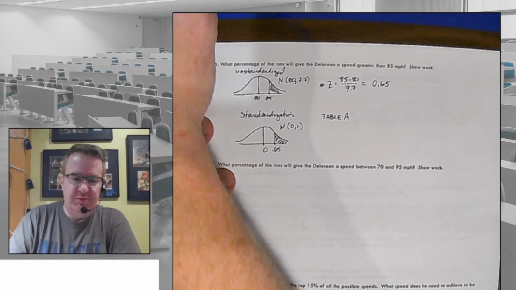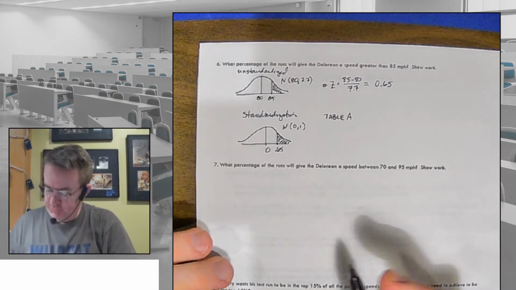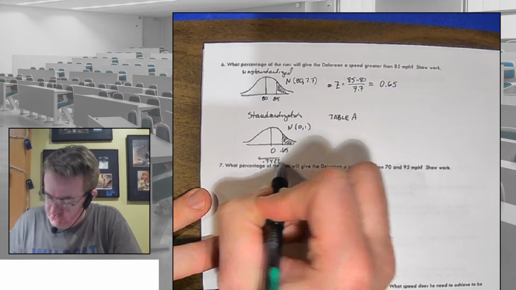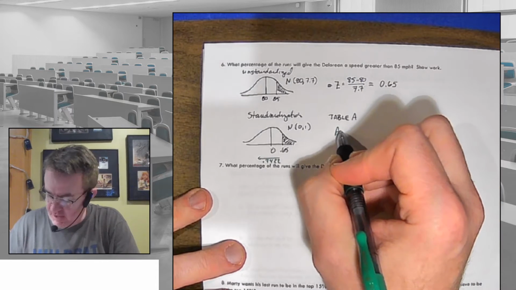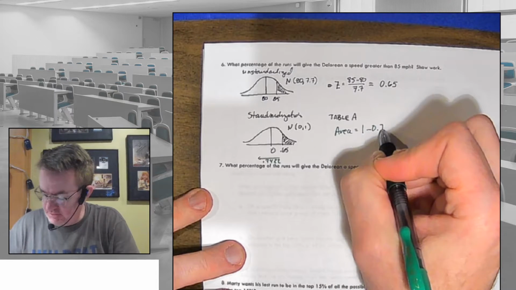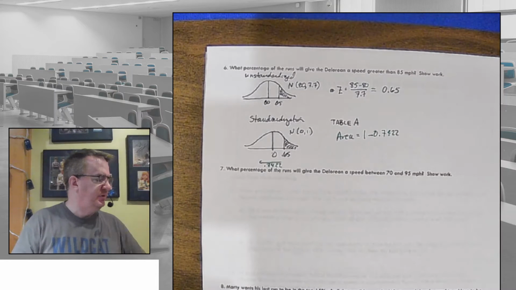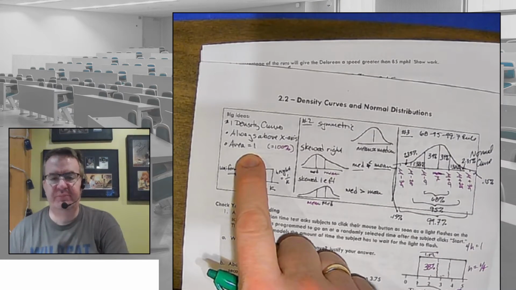So since, what do you say, Mr. Hayes, you're supposed to be remembering all this stuff, 7422. So this side over here is 0.7422. Which means that from Table A, my area is going to end up being 1 minus 0.7422. Why is it 1? Well, remember from yesterday, what's the area always going to be? 1.